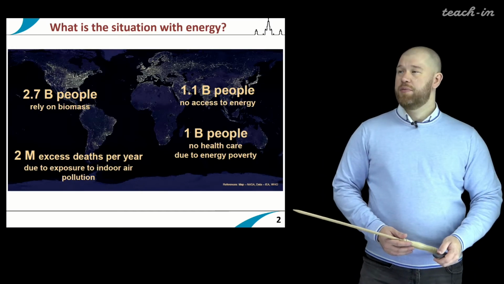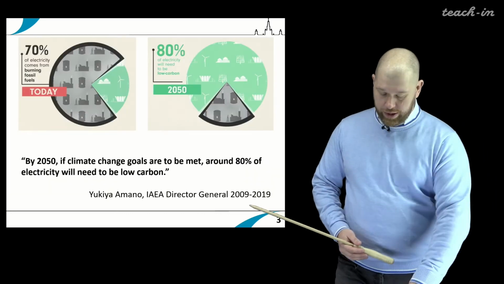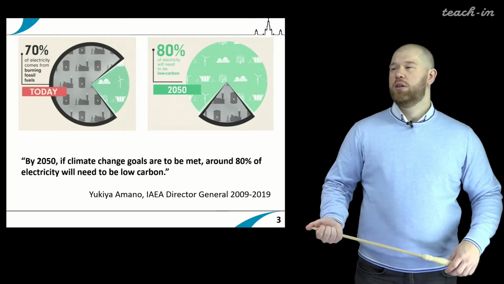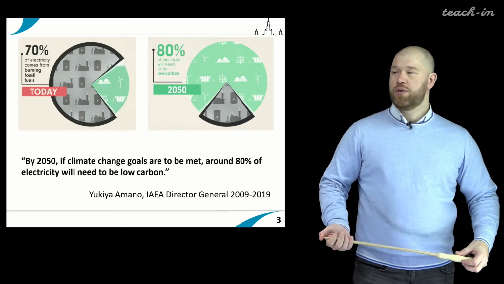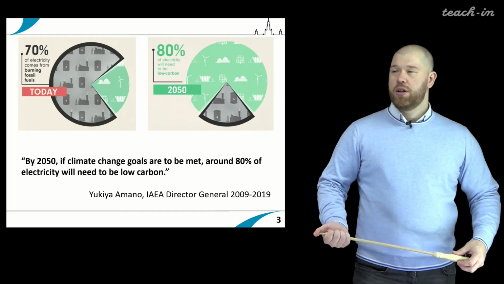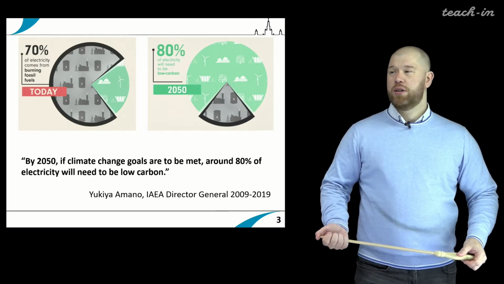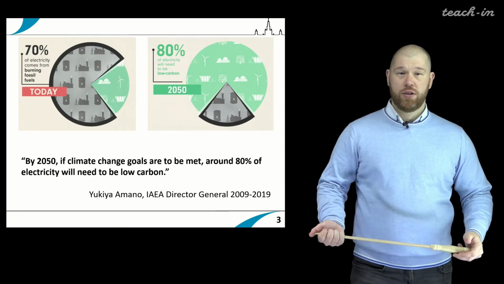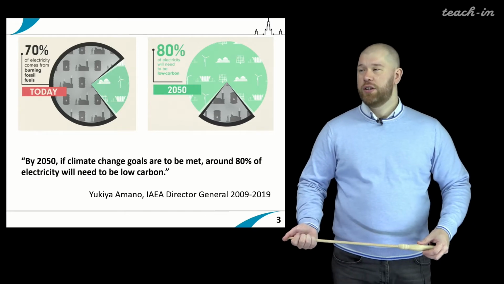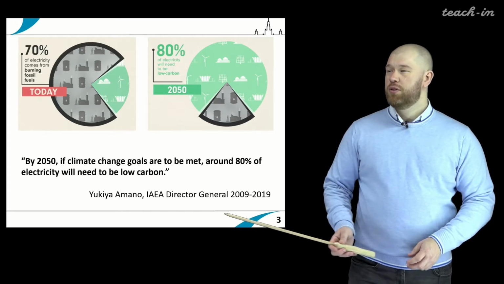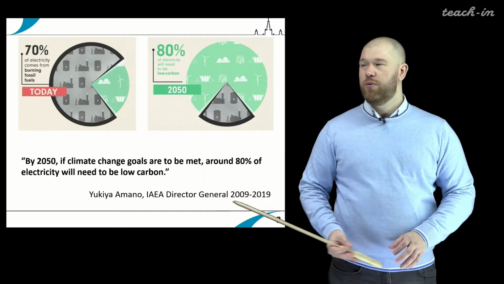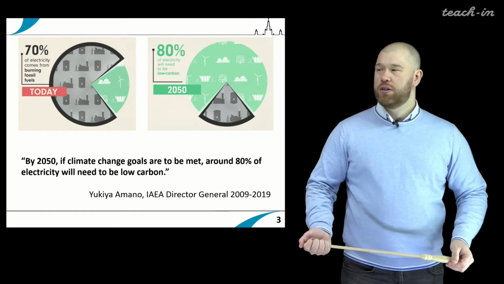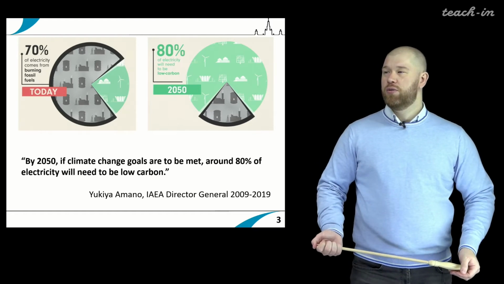And what is another question or the goal for the energy production in the future? That we have to decrease the fraction of the carbon-based fuel in production of electricity. So for example, today around 70% of all the electricity is produced based on this carbon-containing fuel.